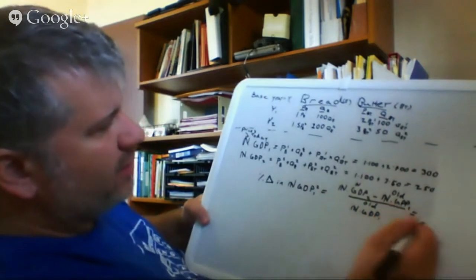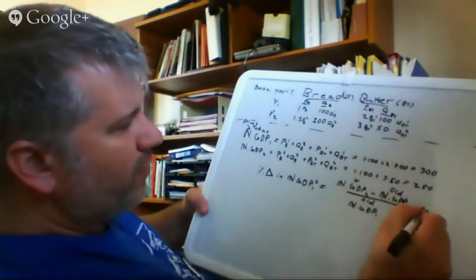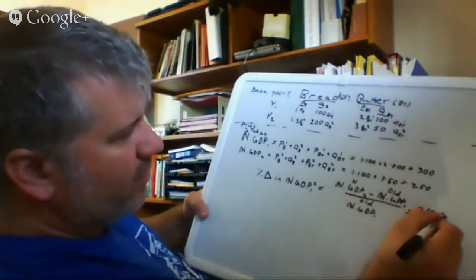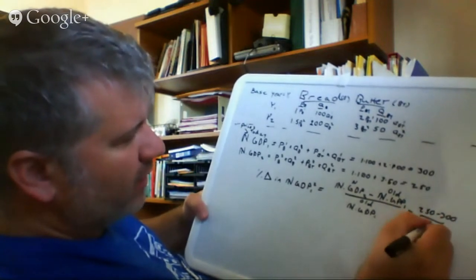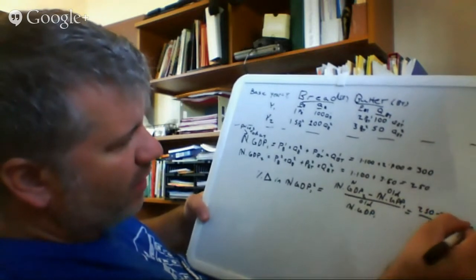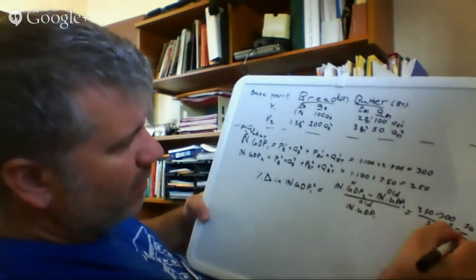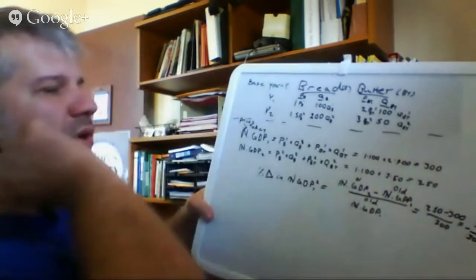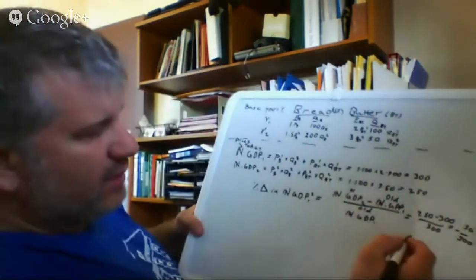We plug in the numbers and we get 250 minus 300 over 300, and we end up with it being equal to negative 50 over 300.